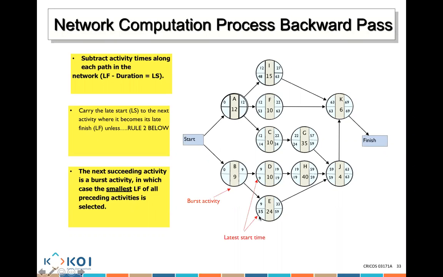When moving backward, I use the smallest latest start time. If I have 9 and 35, which one is the smallest? 9. So 9 minus 9 is 0. That's how I calculated my whole calculation.